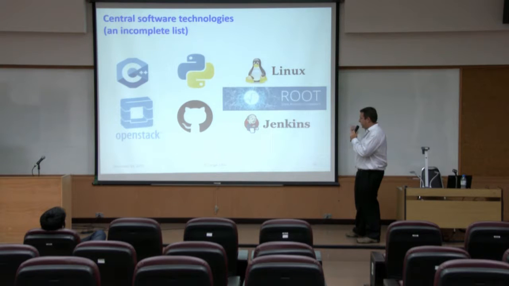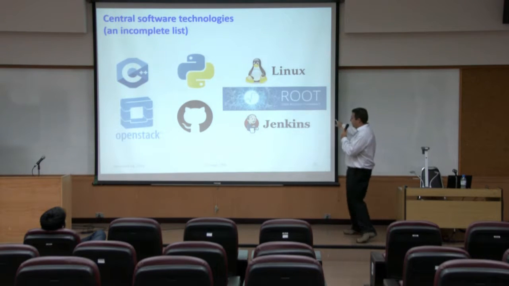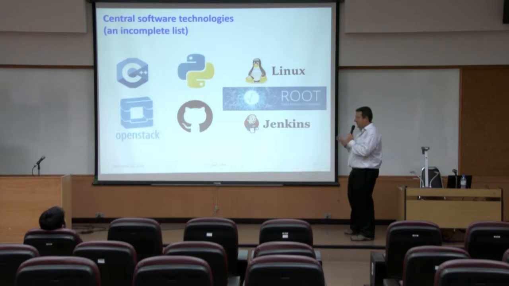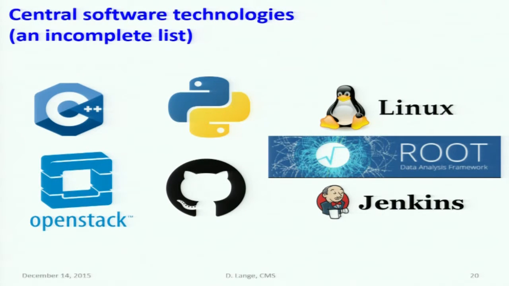We've started using continuous integration technologies, so we've chosen to use Jenkins. Then Root is, I think, the other label on this graph. Root is a high energy physics specific data analysis toolkit. If you know MATLAB or R, it's a kind of equivalent to those, except it has a bit of a different view on the universe.